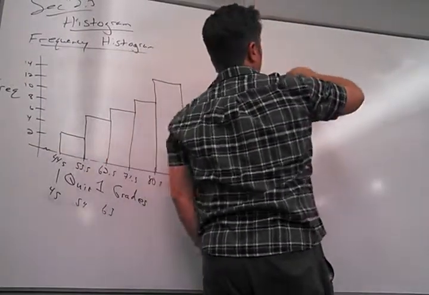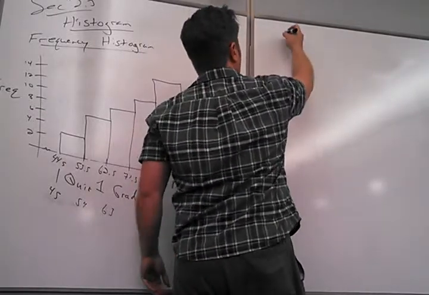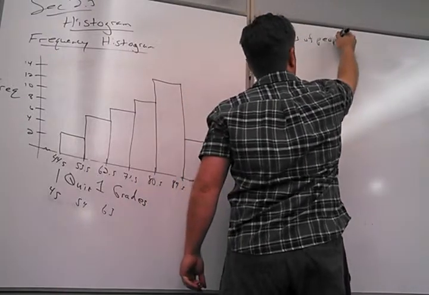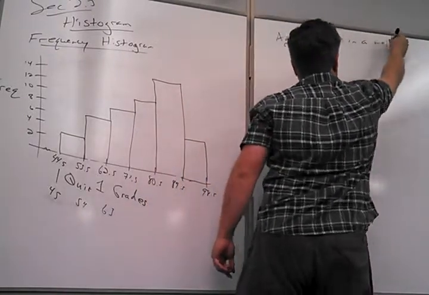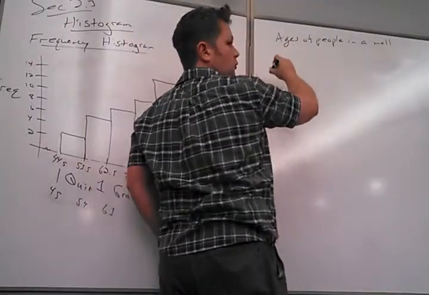So these are, I don't know what they are. Ages of people in mall. So this will be in order. Here we go.